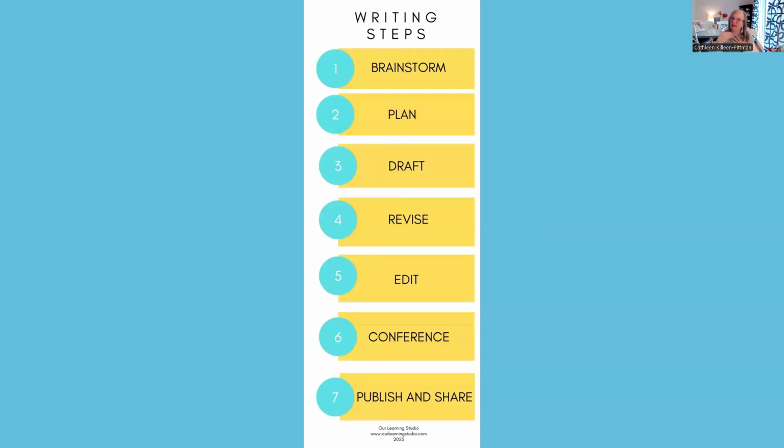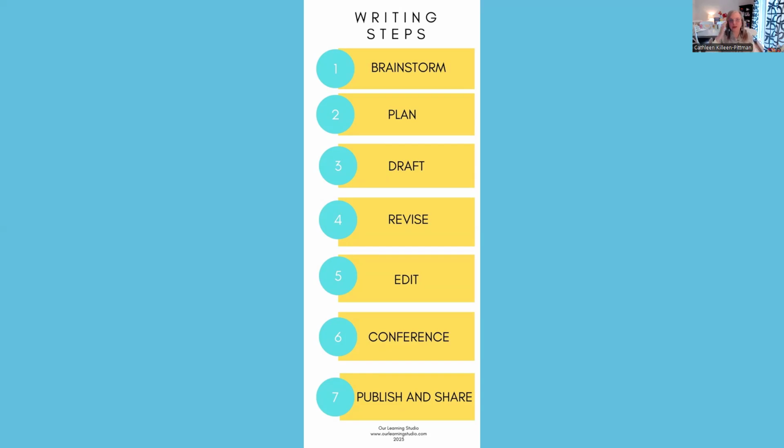The draft becomes so much less intimidating if the planner is there, and now I can pull my ideas from the planner. And so then it's time to write the draft and then get into revising and editing. With my youngest writers, I would do a mini conference here after the draft to help guide their revising and editing.